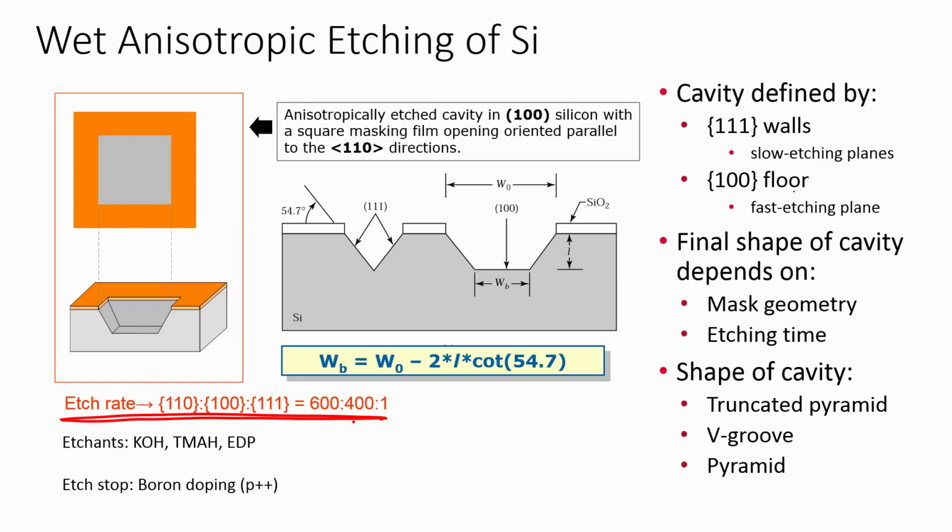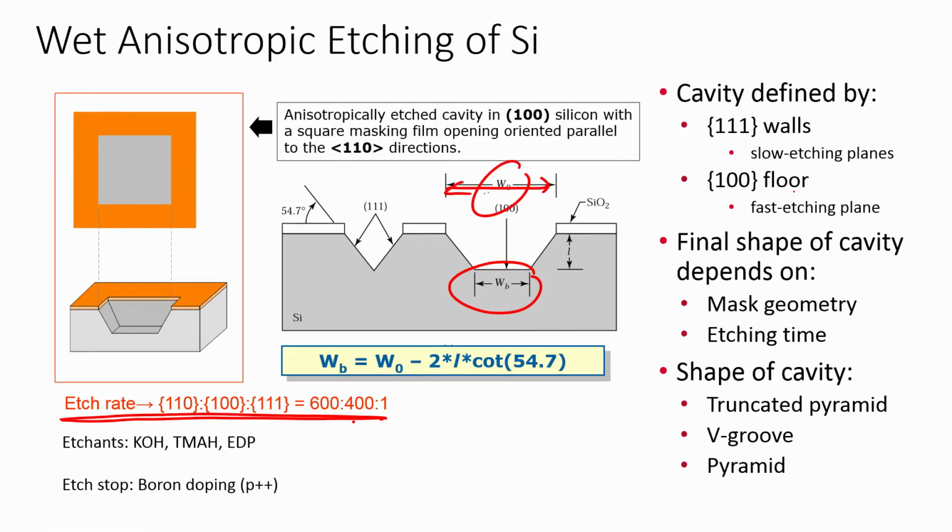If you want to see what final depth you are etching, you need to calculate the final depth that you want, and depending on that you have to open the window, which is WO.